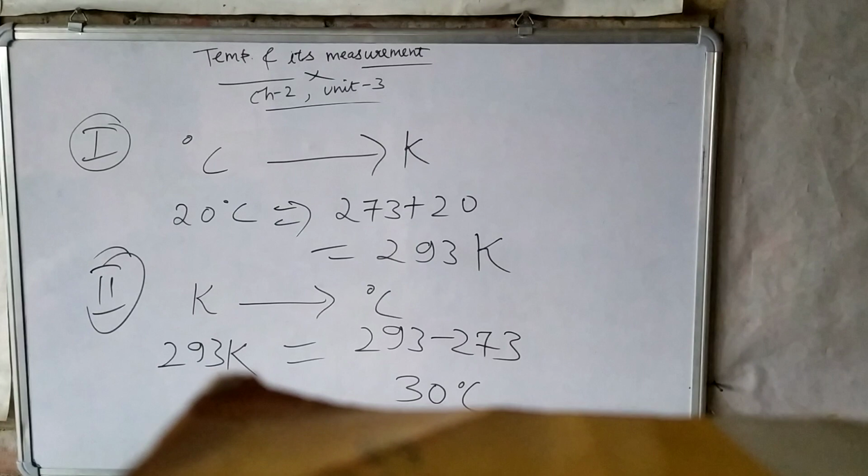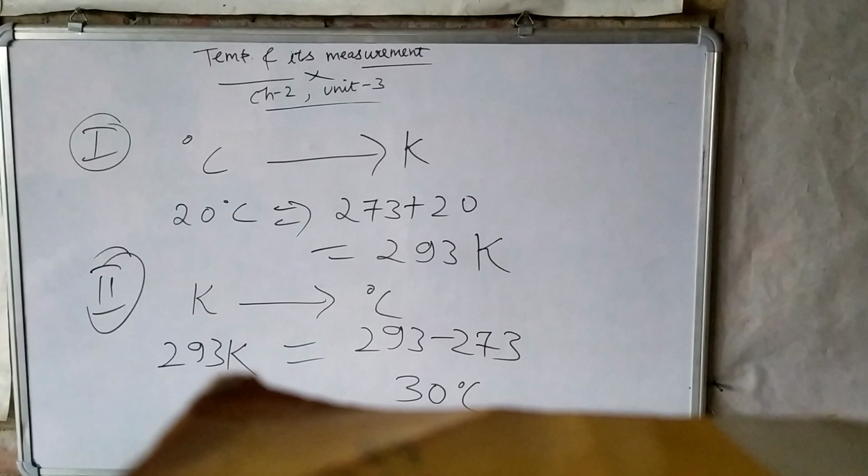Now let us take one more example. If we have a temperature of 40 Kelvin and we want to convert it to degree Celsius, we subtract 273 from 40, that is 40 minus 273, and the result will be the answer, minus 233 degrees Celsius.